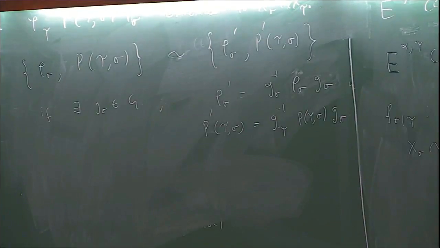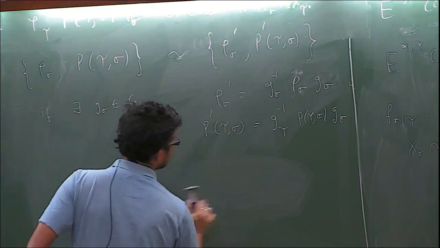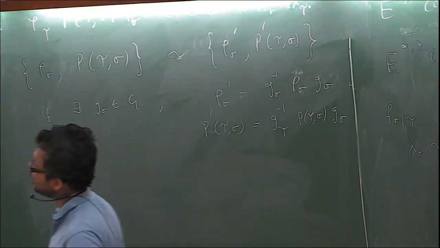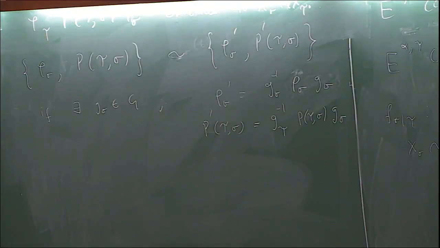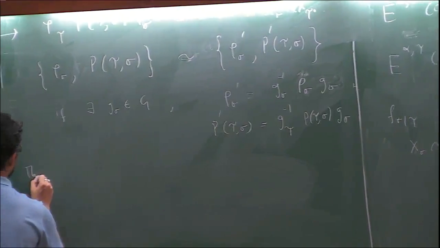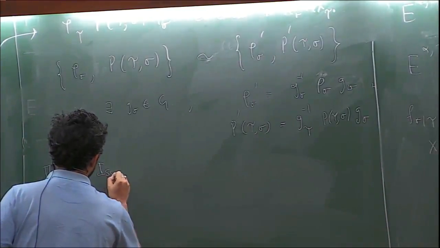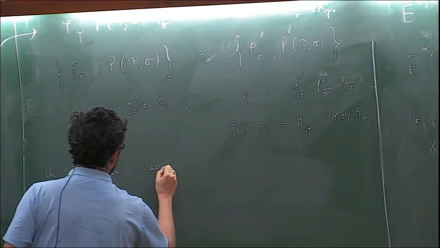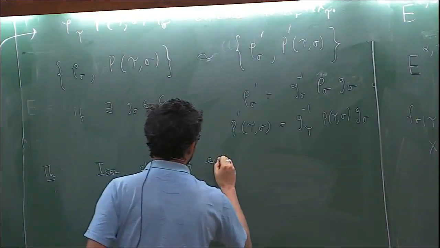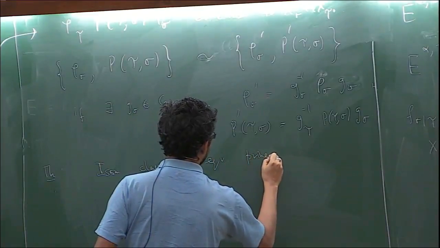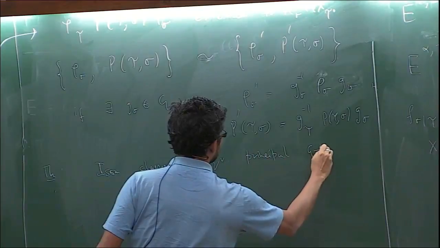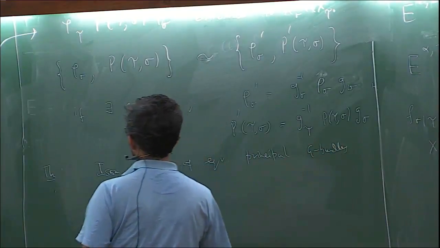So now the classification theorem is that isomorphism classes of equivariant principal G-bundles and equivalence classes of admissible collections are in one-to-one correspondence. So we have to put isomorphism.